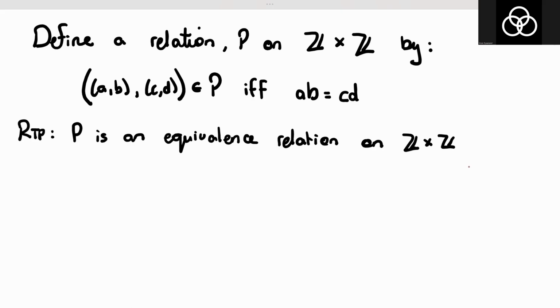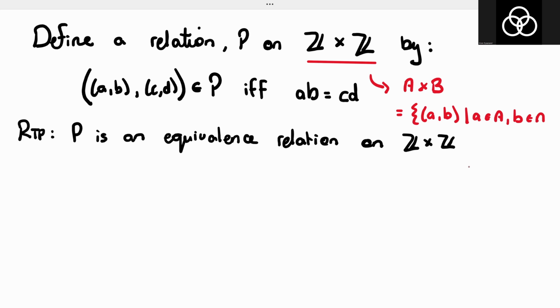We define a relation P on the cross product of the set of integers by the ordered pairs (a,b) and (c,d) belong to P if ab is equal to cd. So just a reminder, what does this whole cross product mean? If I want to take the cross product between two sets A and B, then this is equal to taking an ordered pair (a,b) such that a comes from A and b comes from B, right?